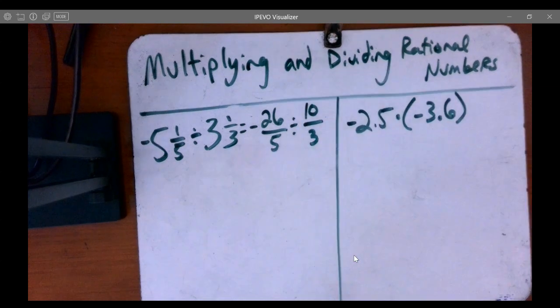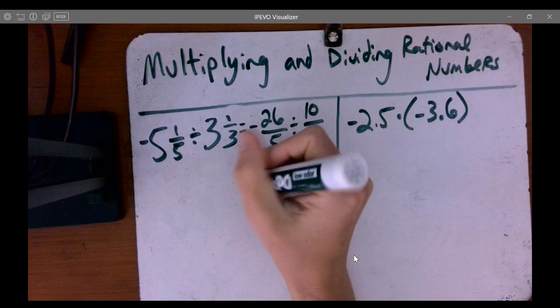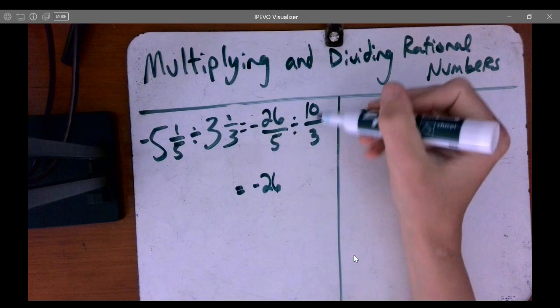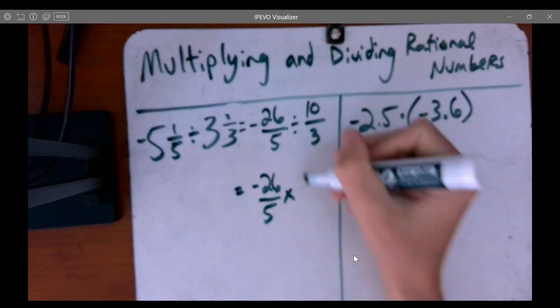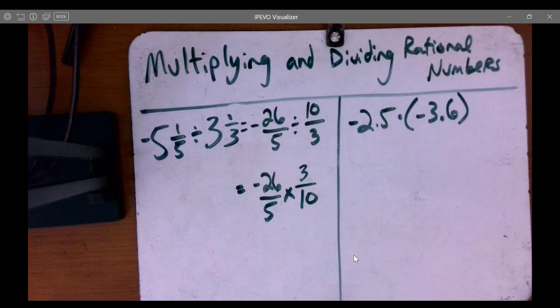So dividing by 10/3. And then still using my prior knowledge from how to divide fractions, I'm gonna rewrite it by, instead of dividing by 10/3, I'm gonna multiply by the reciprocal. So flipping the numerator and the denominator.